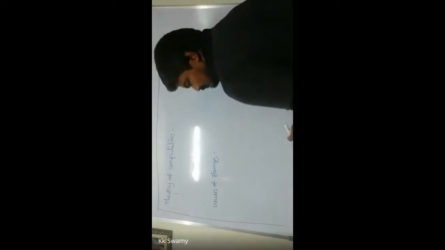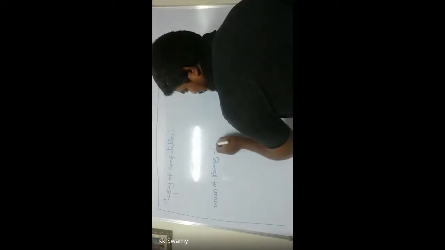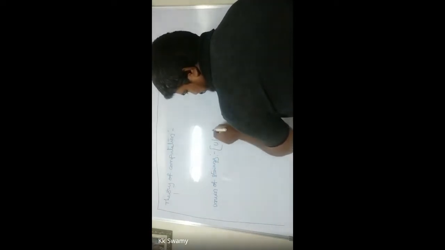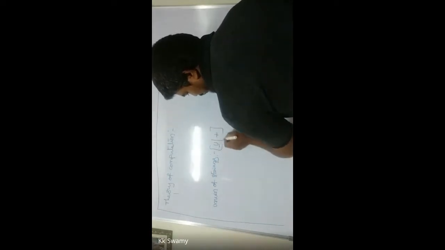Union of strings. The operation is called union, and the operator can be written as union, or, or plus. All three represent the union operation.